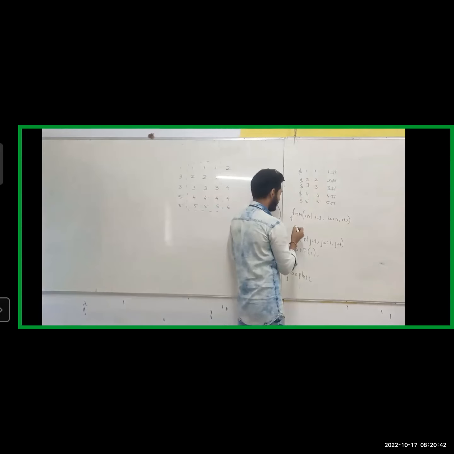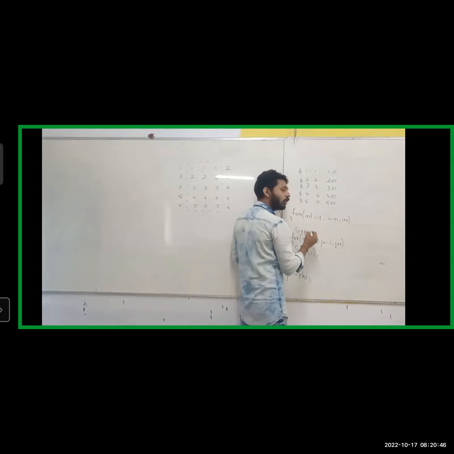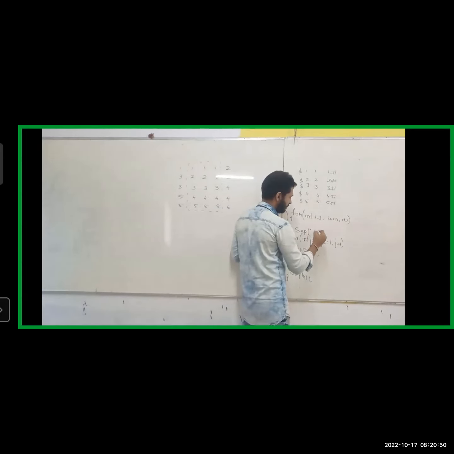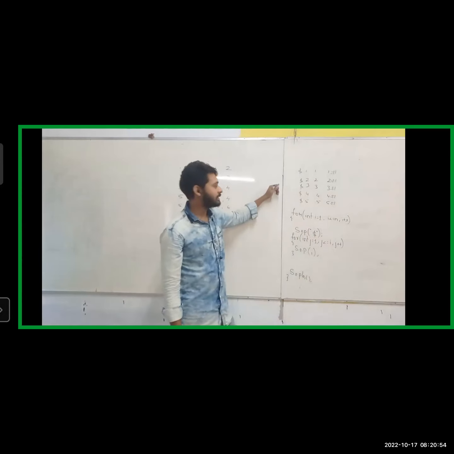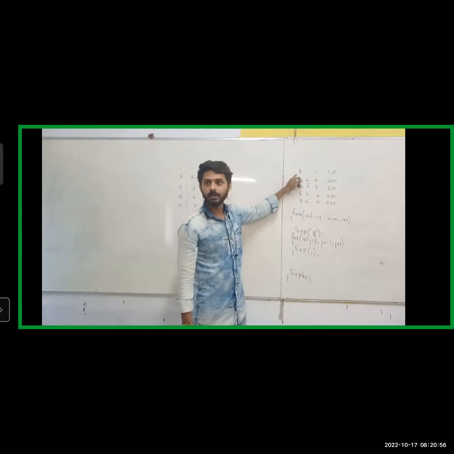Starting. So here I'll write System.out.print. If I do this, in every row beginning I'll get this $ symbol.